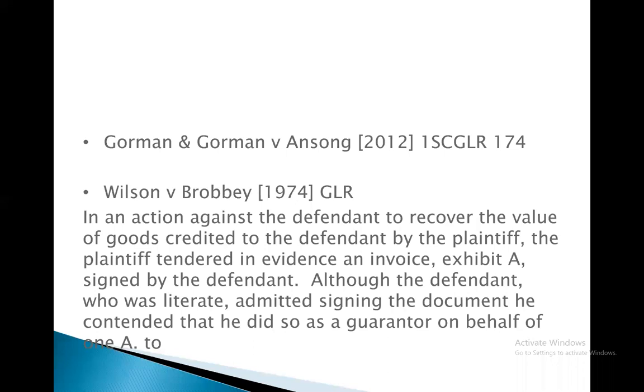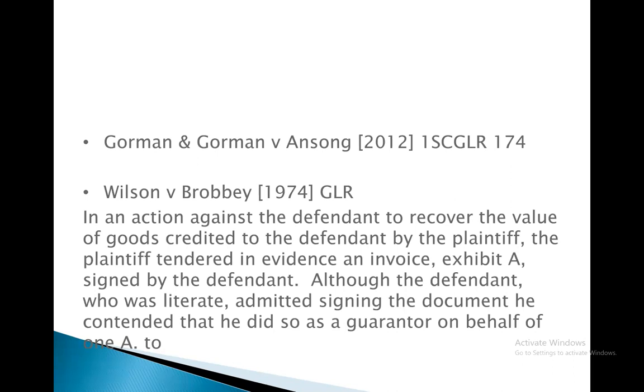Wilson and Broby, very interesting because in an action against the defendant to recover the value of goods credited to the defendant by the plaintiff, the plaintiff tendered in evidence an invoice which had been marked as Exhibit A. And this invoice, that is Exhibit A, had been signed by the defendant.